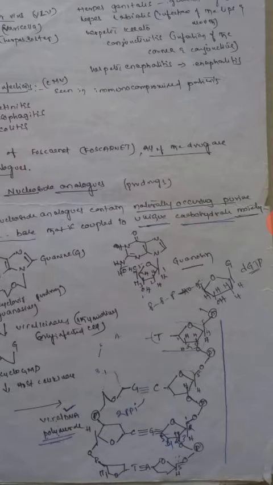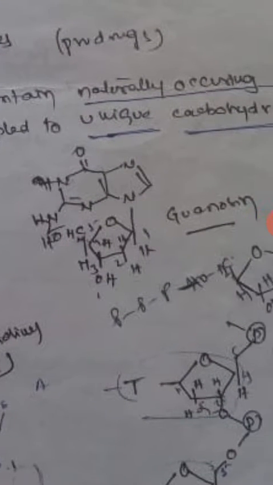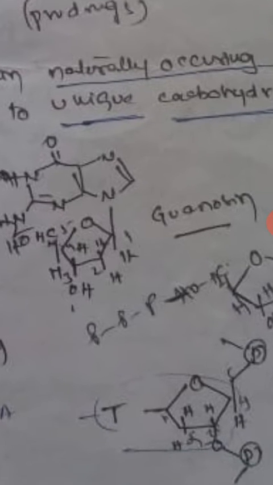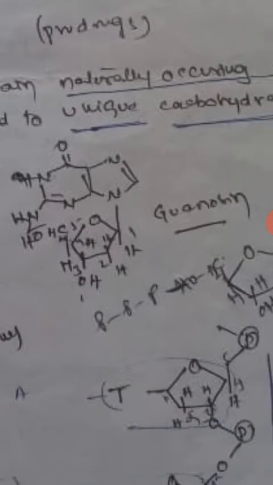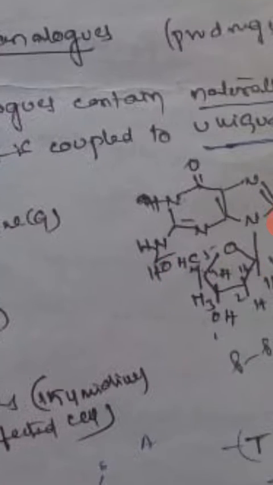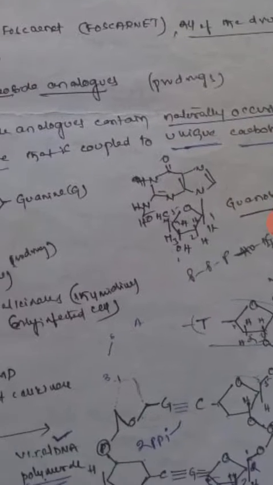Generally, see how the sugar is present with the nitrogen base: this is guanosine. Guanosine is a nucleoside, made up of a nitrogen base, purine, as well as sugar. Aciclovir looks like guanosine. What is the difference between guanosine and aciclovir?